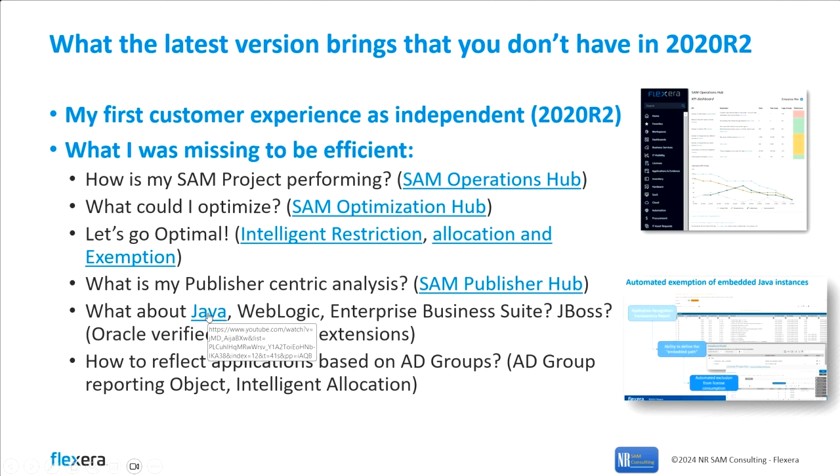Java, of course, was a big investment of ITAM when I was a product manager. The idea is that you can understand the transparency of your recognized applications for Java, but also for other applications.